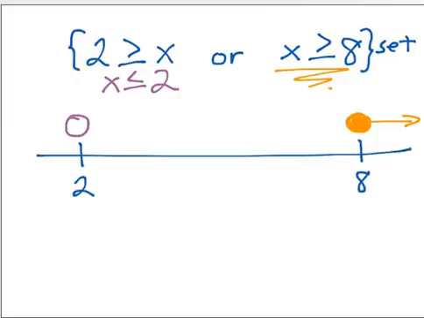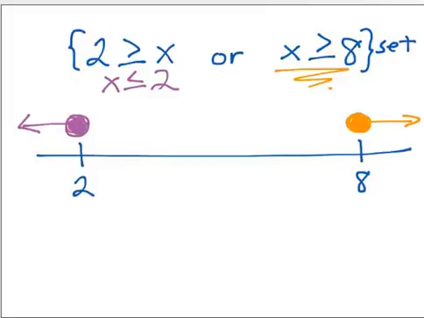Now what are we going to do with our circle this time? We're going to color it in because it is equal to. And we are looking for numbers smaller than 2. For instance, 0 is smaller than 2. Negative 4 is smaller than 2. So we're going to go that direction. Alright, there's our graph, there's our set notation.